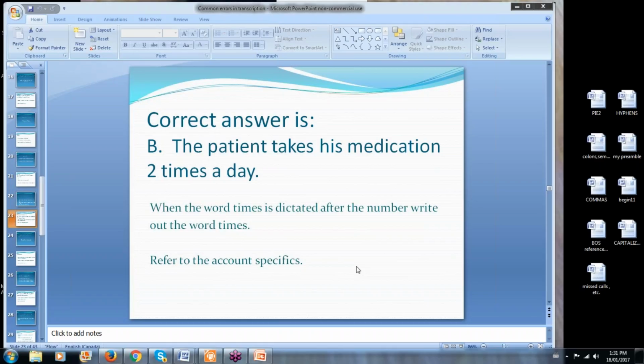Now if they said the patient changes his bandages 2 times a day, then you would put 2, spell out the word times a day.